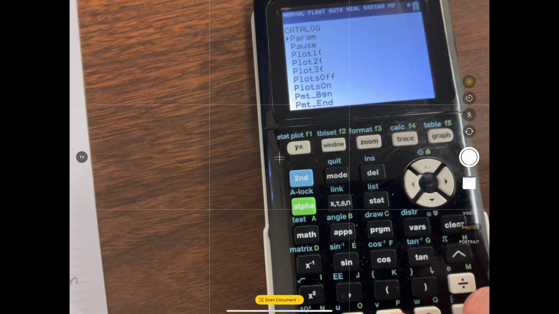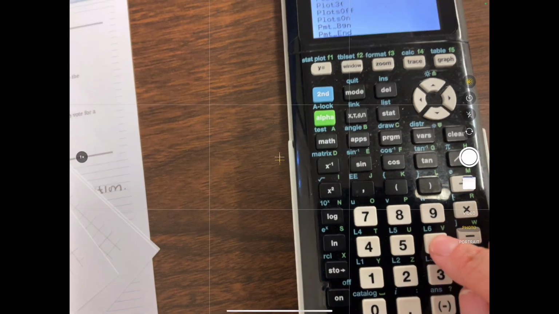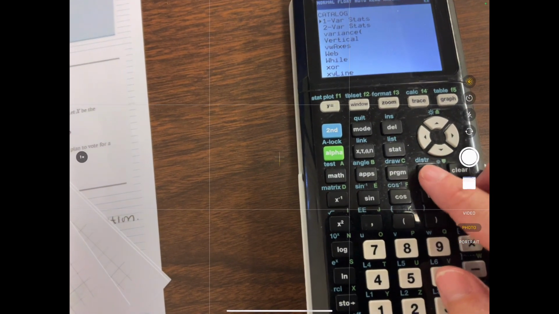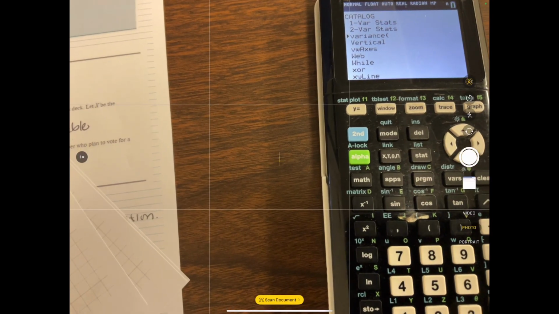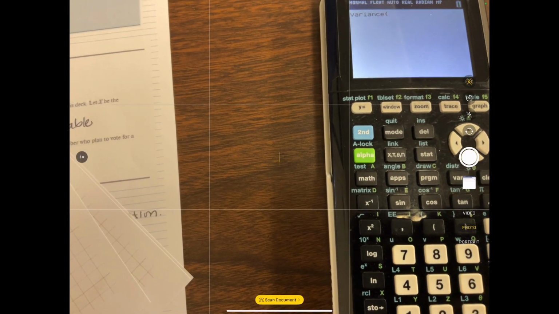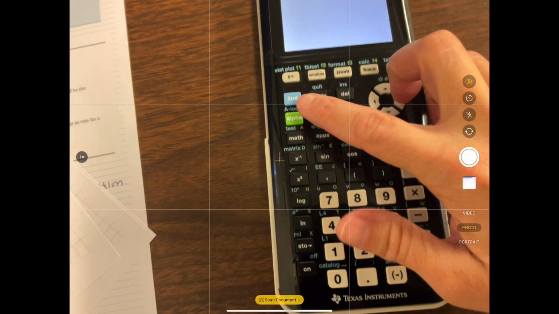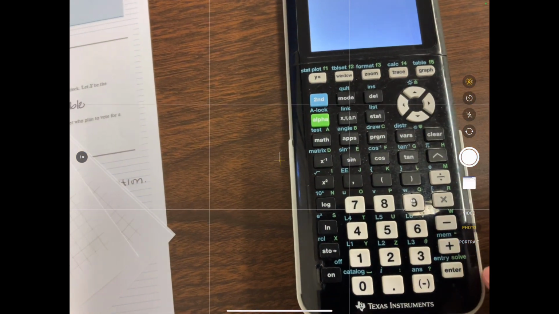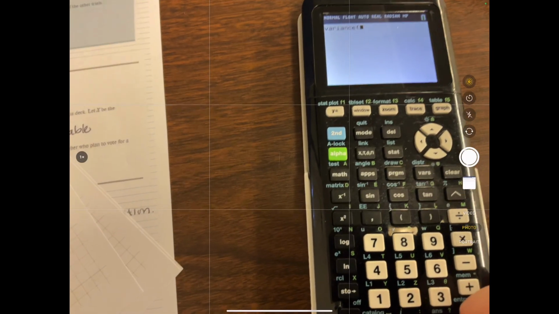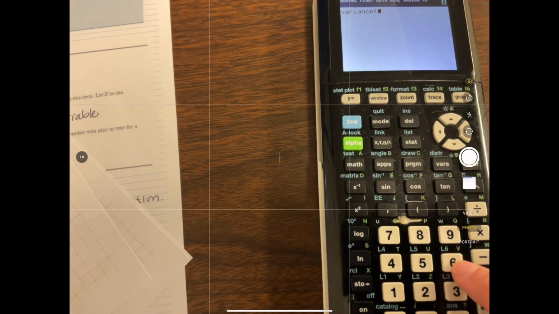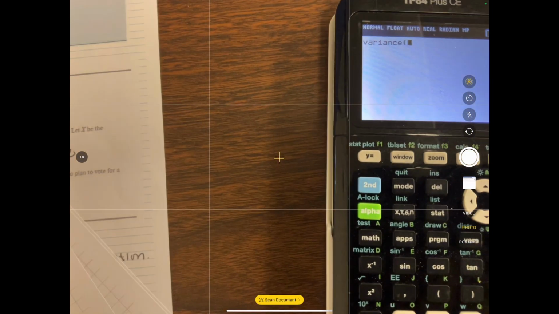Showing me P. Okay, where's my V? Variance, looky there. Went to catalog, variance. Second, the blue button, and 0. And then I pushed the green V, which was a 6. And variance popped up.